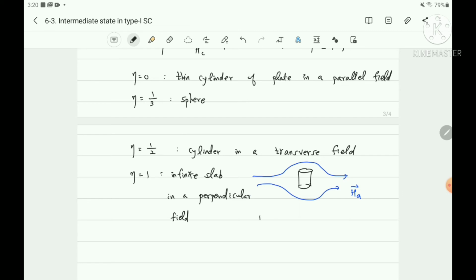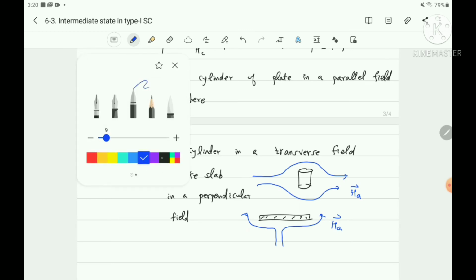In this case, the sample is like this, an infinite slab, or just a very long plate. When we apply a magnetic field, the field should look like this, and the demagnetization factor equals 1.